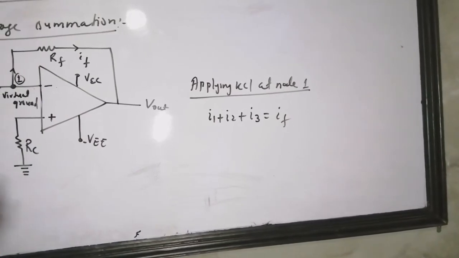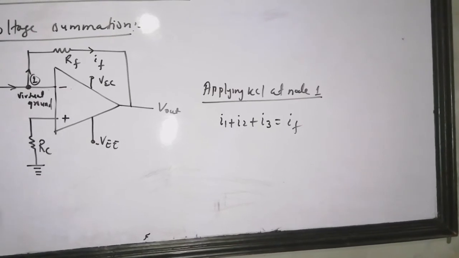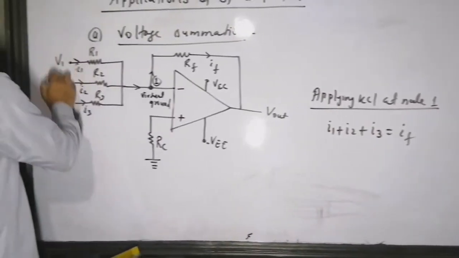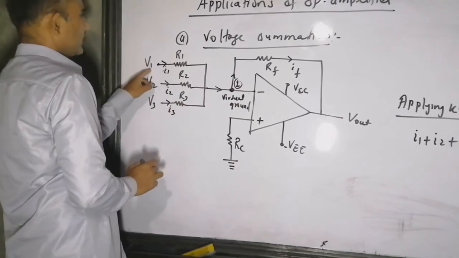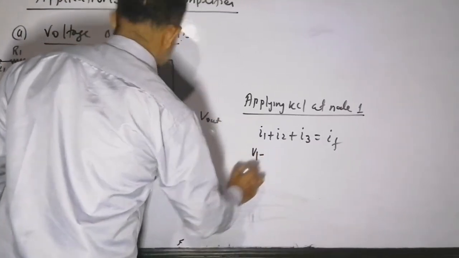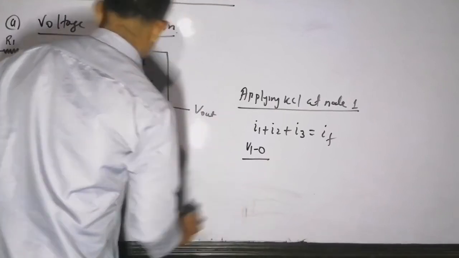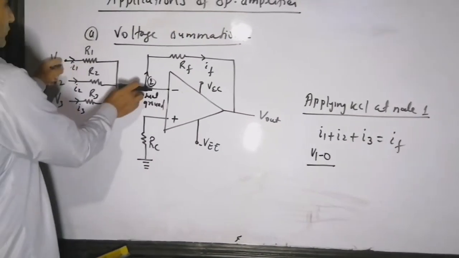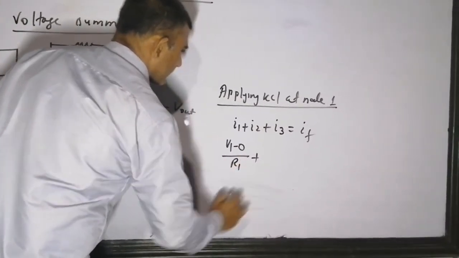Now to find these currents, we simply use the potential difference between the two points. The voltage of this point is V1, so the current is V1 minus the virtual ground, which is 0, divided by the resistance between these two points, R1.